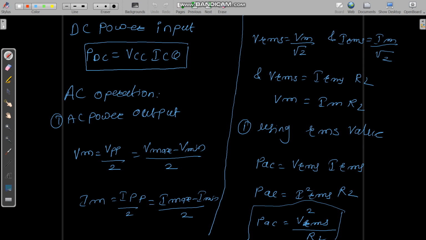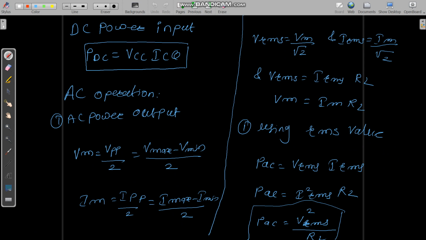So now we know that the DC input power is provided by the DC power supply. That means when we don't give any AC input signal, the DC current drawn is the collector bias current, and that is represented as IC. Therefore, what is the DC input power? You know that power is nothing but V into I. What is V?